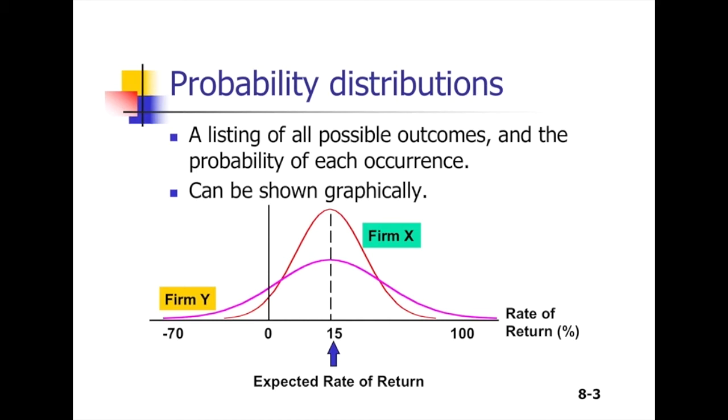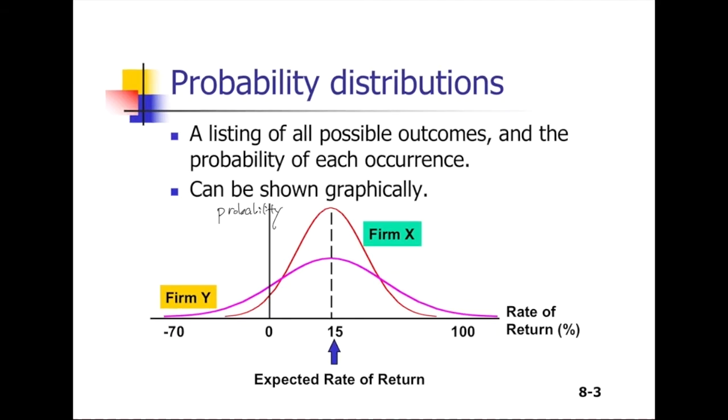The x-axis means expected rate of return and the y-axis means probability. So we can write it down like this, probability. So we can see the graph. As you can see, the expected rate of return of plan X and Y is the same.